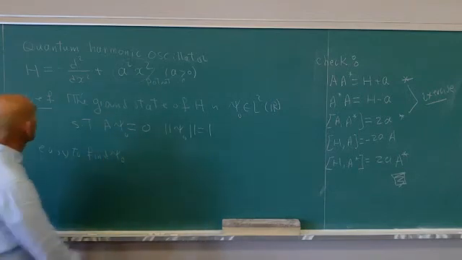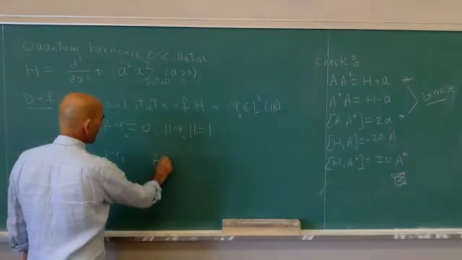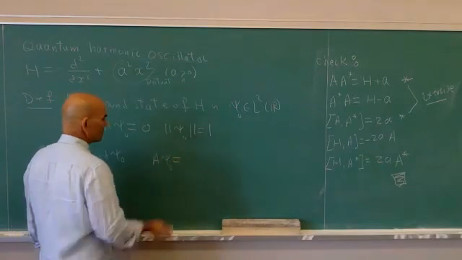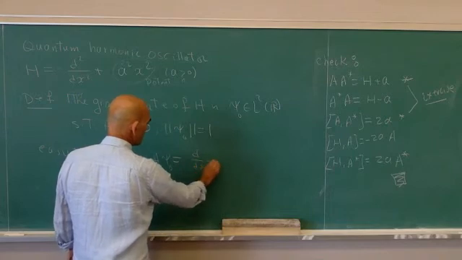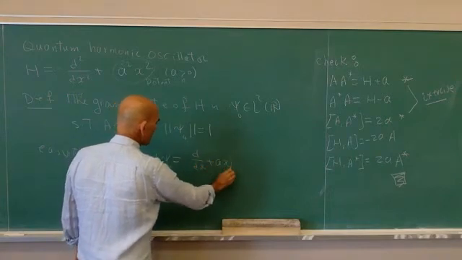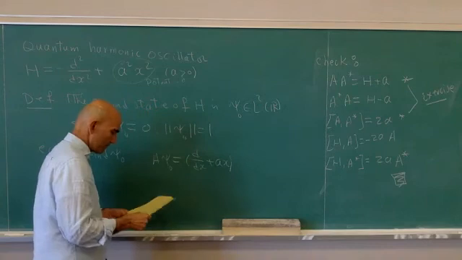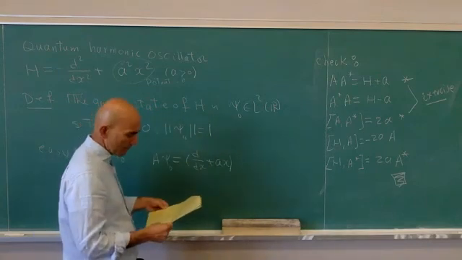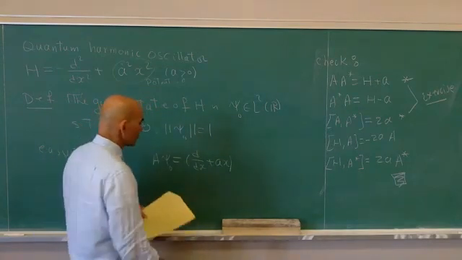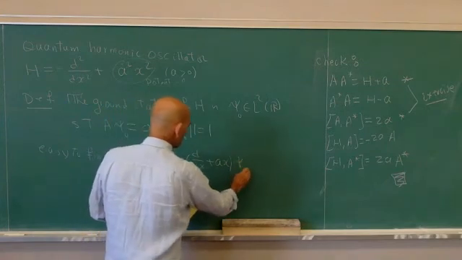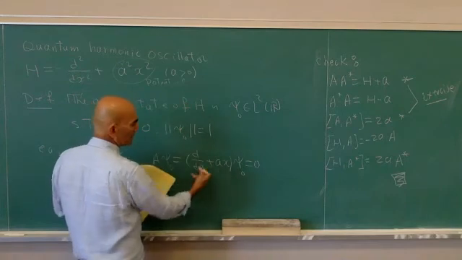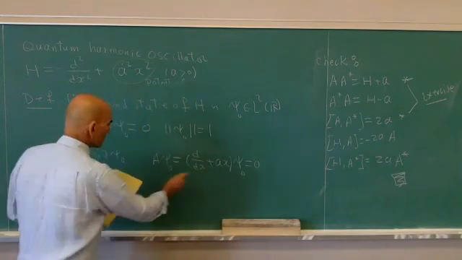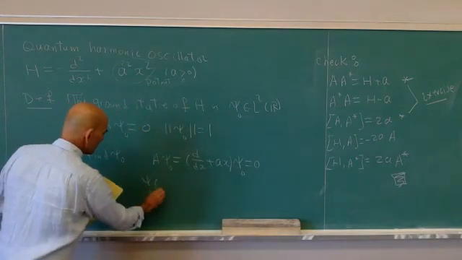You see, what was this annihilation operator? A of psi 0 is equal to, A was what? d/dx plus AX, was it? Yeah, AX plus d/dx. So you put times psi 0 equal to 0. So this is a simple, very easy differential equation. You can easily get that there is a unique solution.